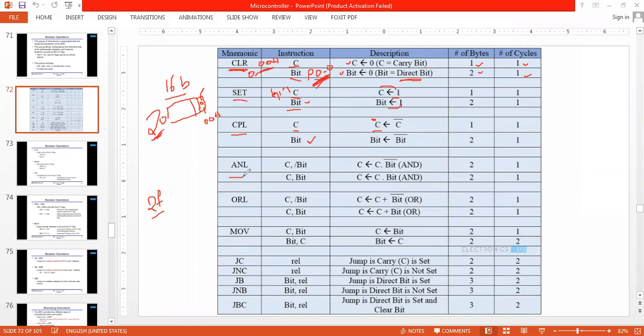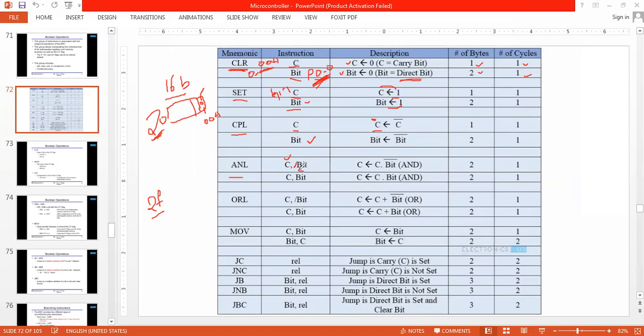ANL is AND logic. This one we have already seen, but again, ANL is AND logic, but it is going to be performed upon a particular bit. Say C may have a 0 or 1, then this is going to be the complement of the bit.